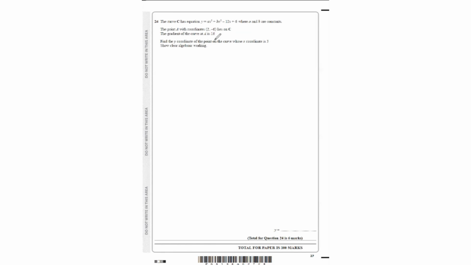So first, I'm going to begin with substituting the point 2, negative 6 in the equation. So replace y with negative 6 and x with 2. So you will notice that then the equation would be just in terms of a and b, not a, b, and x.